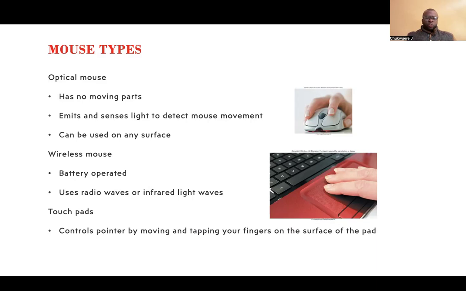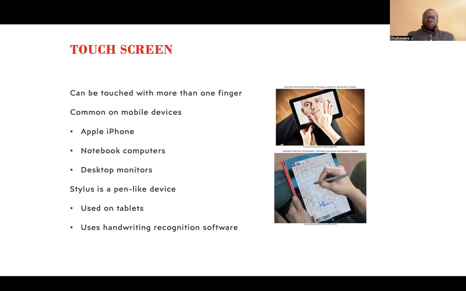Then you have your touchpad on your laptop. That place where you move your finger for the pointing is called the touch pad. Okay. Then when you go to the touch screen, you can touch with more than one finger, like you can see in the picture, right?